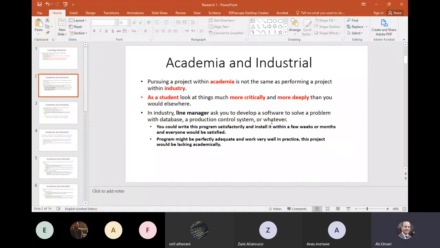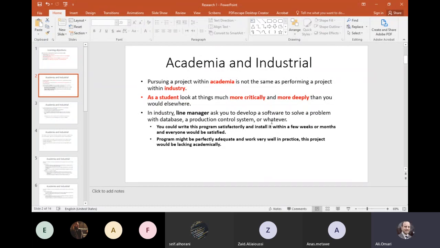For example, you're working in a company, and your line manager asks you to develop a piece of software to solve a certain problem, for example database access, or the production controls server system, or whatever problem arises in the business, and they have to solve it.